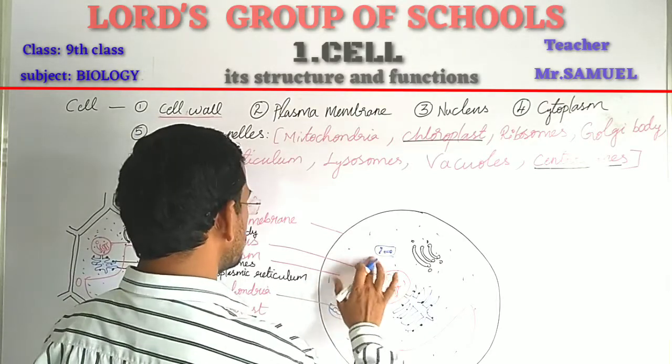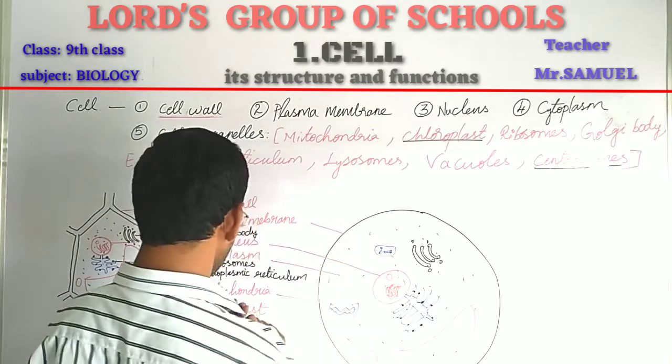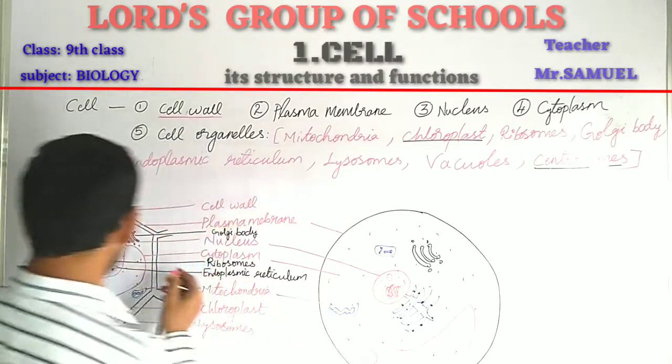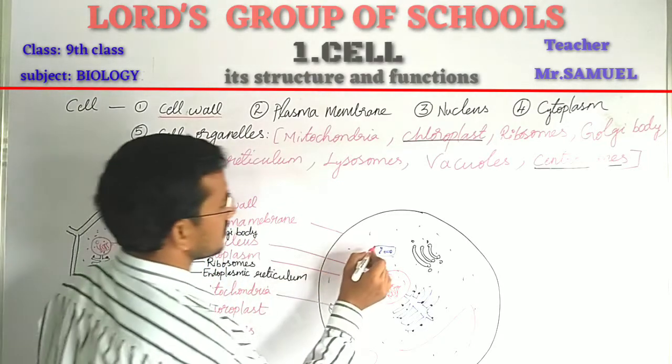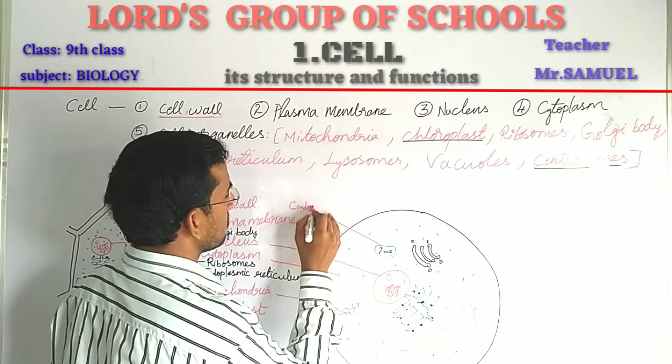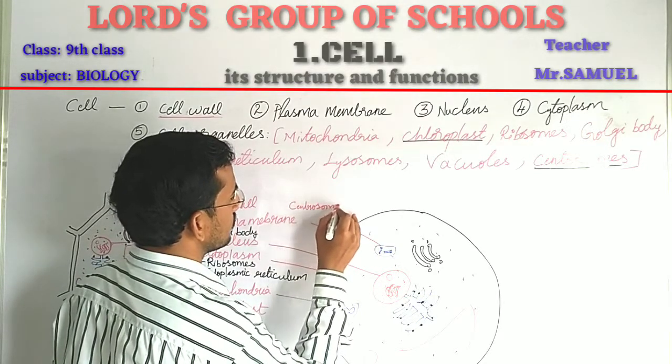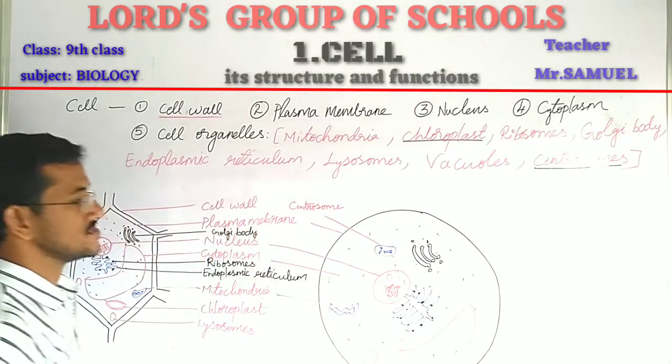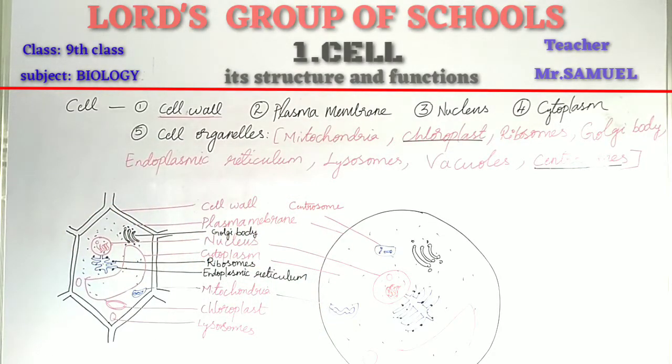This structure is centrosome, and centrosome is absent in case of plant cell. So this is plant cell.